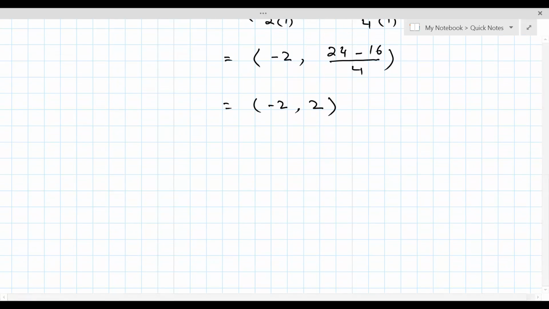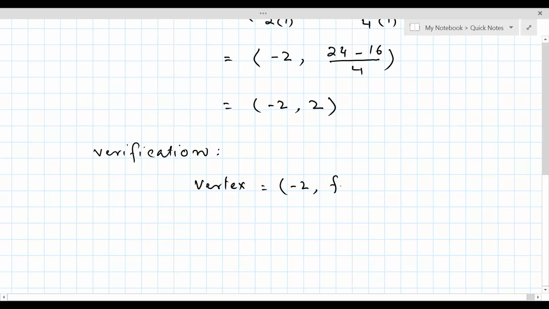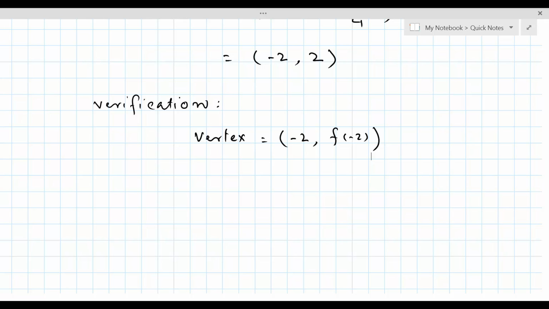If we want to verify this, we can do verification as well. Let's do the verification. The vertex is equal to minus 2 and f of minus 2. So that is the other formula for finding the vertex. And here let's find out the value of f at minus 2.